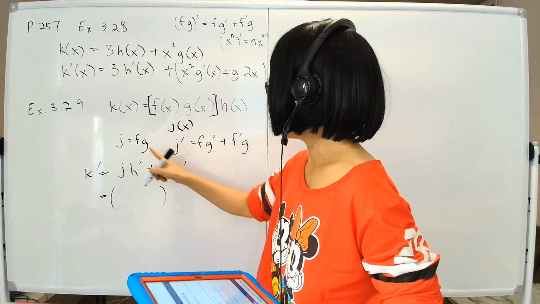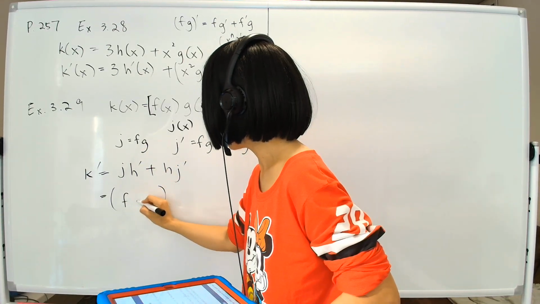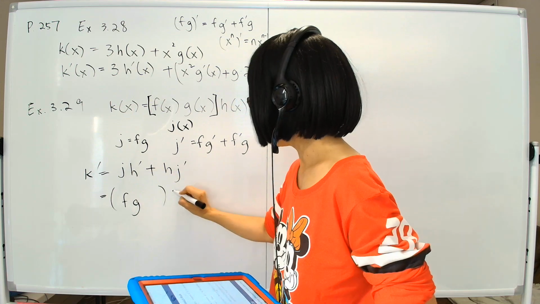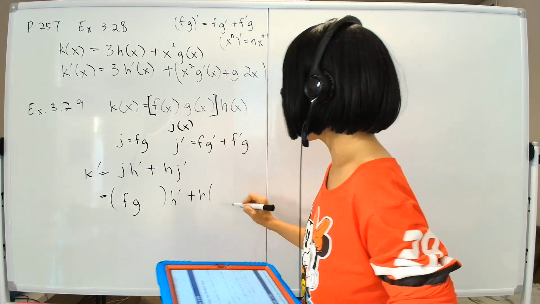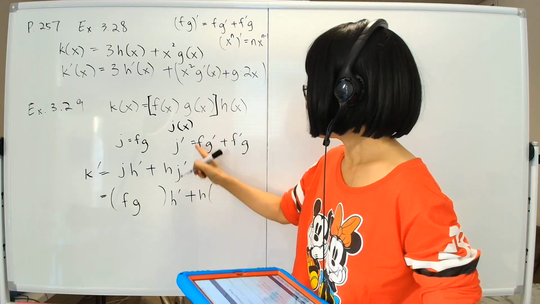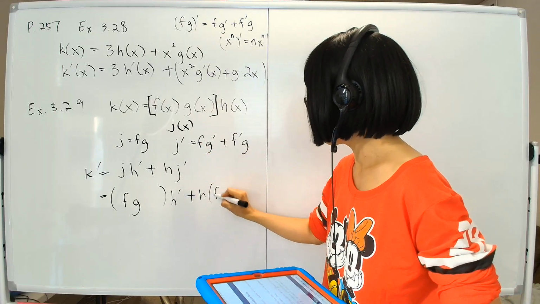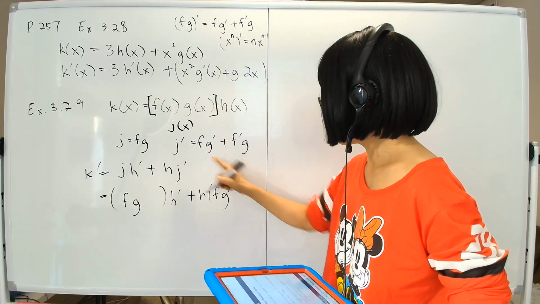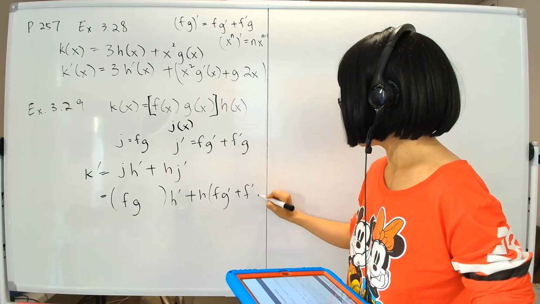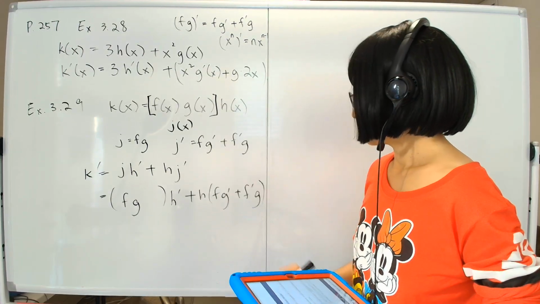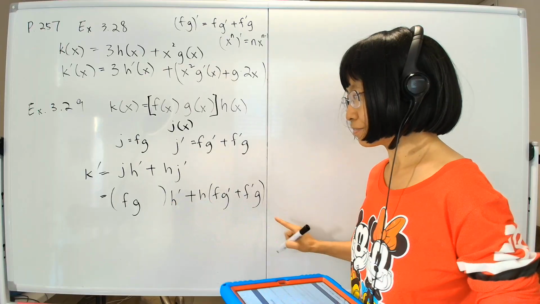What is j itself? J is just f and g, times h prime, plus h times j prime. J prime is this stuff, which we worked out right here, so I'll copy it down: f prime g. Now let's write this all out.